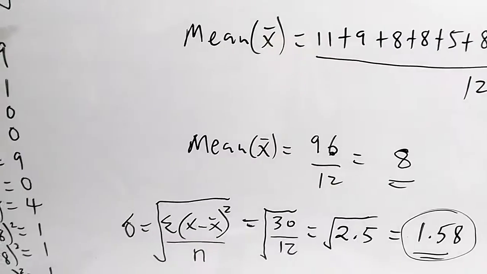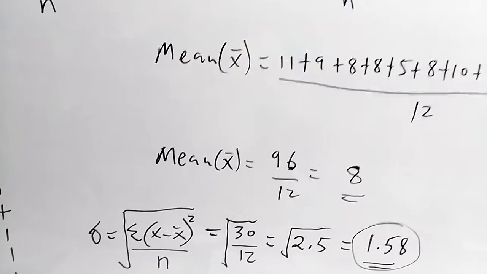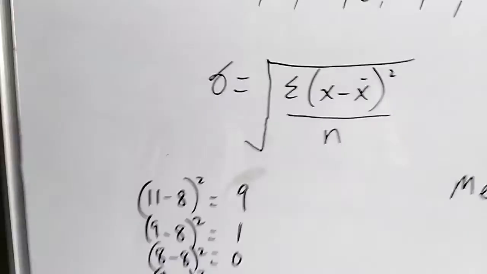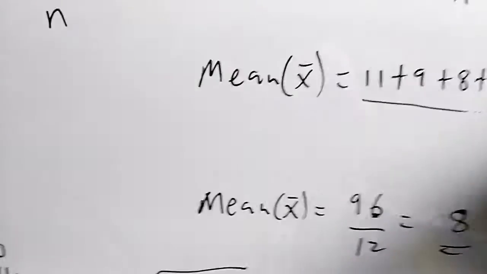And so they're asking us now to get the coefficient of variance from the data given. We'll now say coefficient of variance is the standard deviation divided by the mean multiplied by 100. It's in percentage form. Okay.